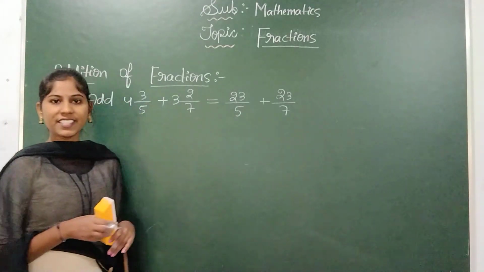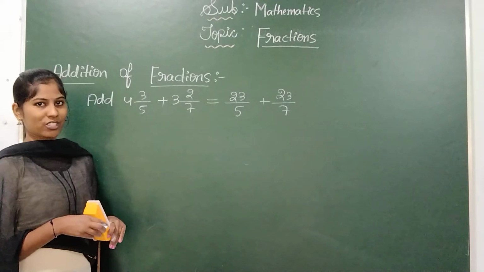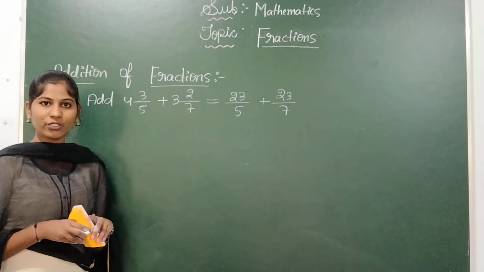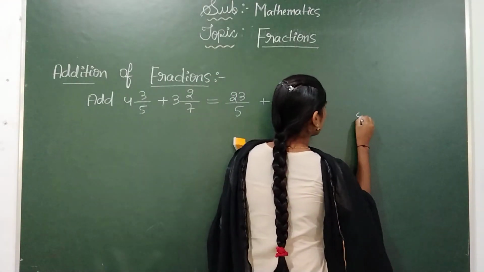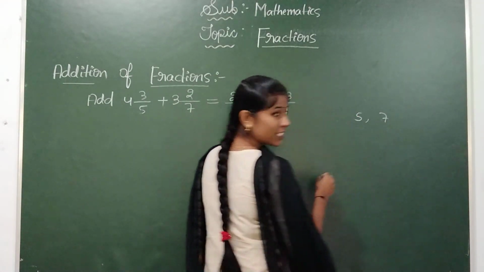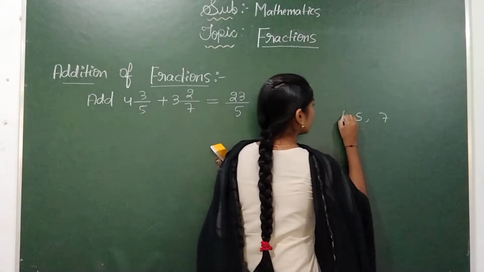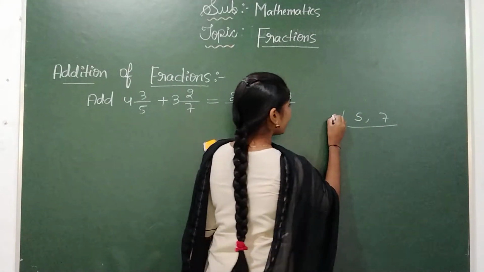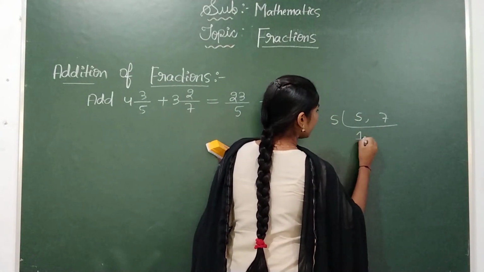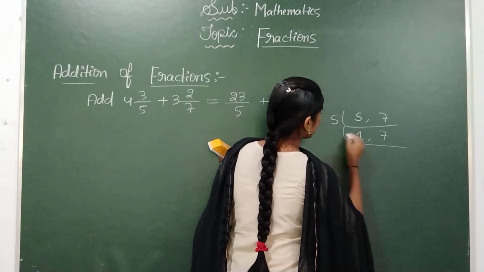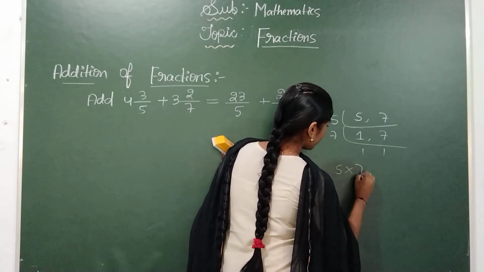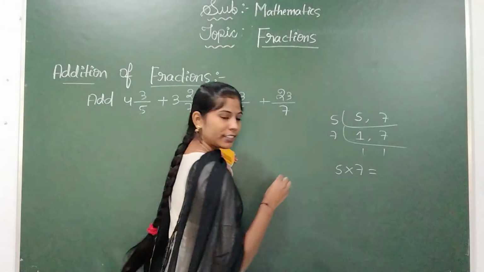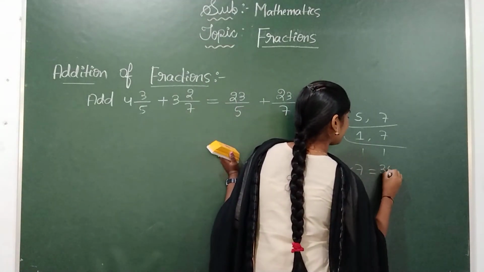These two are called unlike fractions. What do we have to find now? Find the LCM of the denominators 5 and 7. It is divisible by 5 into 1, 7 as it is, and 7 into 1. What is the LCM? 5 into 7, 35 is the LCM.